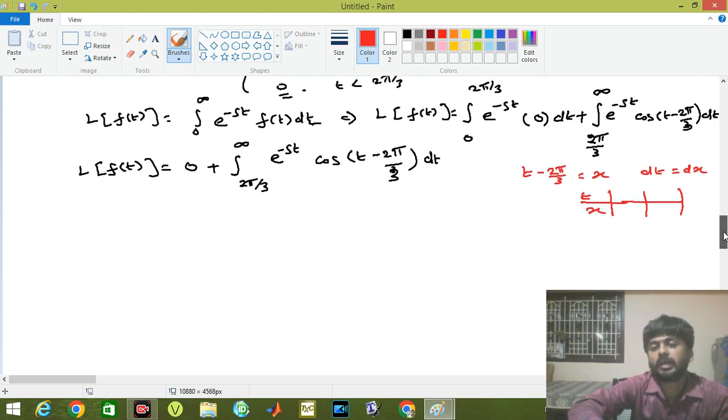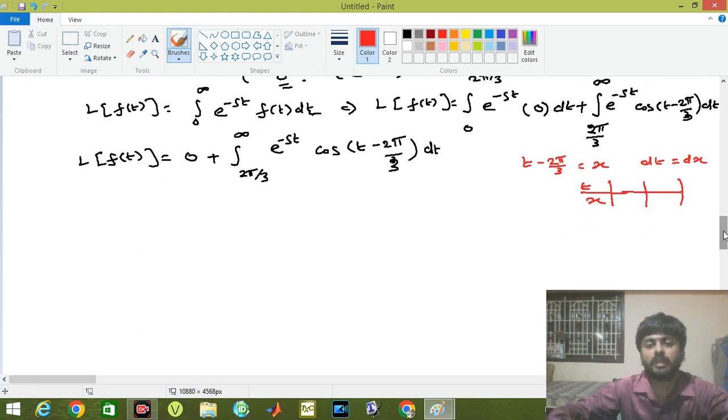So how to transform that? The limits of t are given by 2 pi by 3 to infinity. When I substitute 2 pi by 3 for t, I will have x equal to 2 pi by 3 minus 2 pi by 3, that is equal to 0.